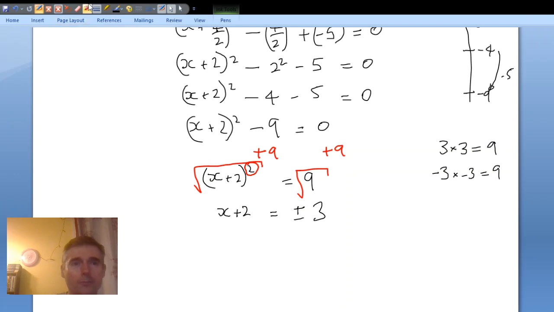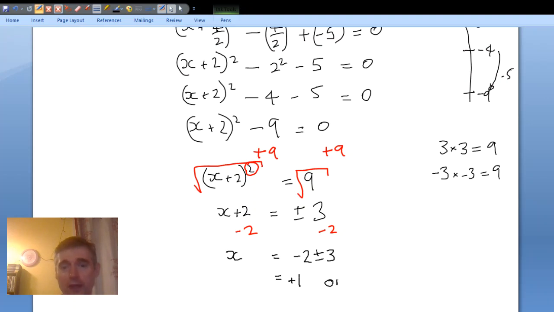Next thing we're going to try and do is get rid of this plus 2 here. So we can do that by doing the opposite to adding 2, which is taking away 2. And we end up with an x on this side, and we end up with negative 2 plus or minus 3. So that gives us two answers. Negative 2 plus 3 will actually give us positive 1.